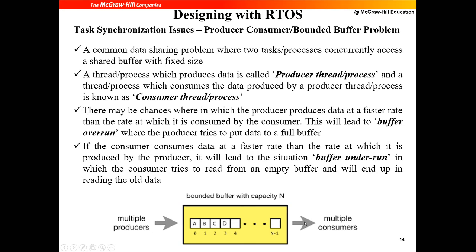The consumer will consume the wrong data, the old data, because the producer is slow and he will not know that the data in D is old. This situation is called buffer underrun. In other words, it is an empty buffer: you are trying to read from an empty buffer, and you will run into that issue.